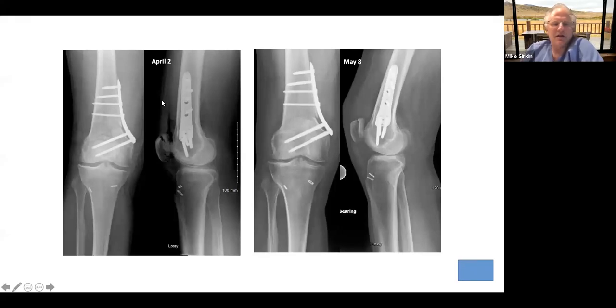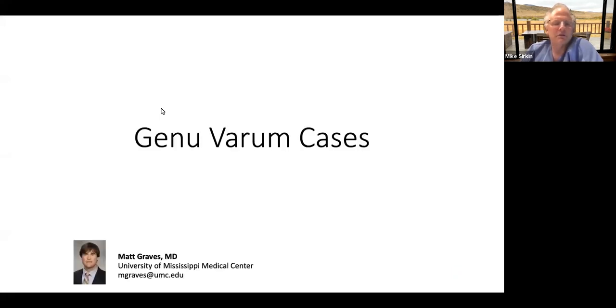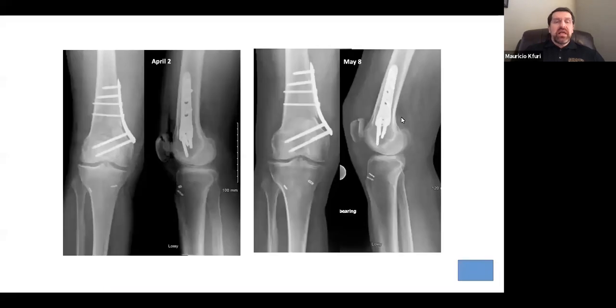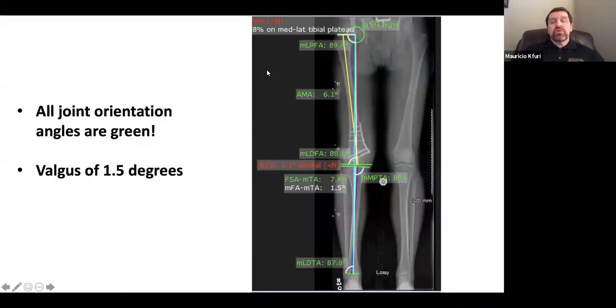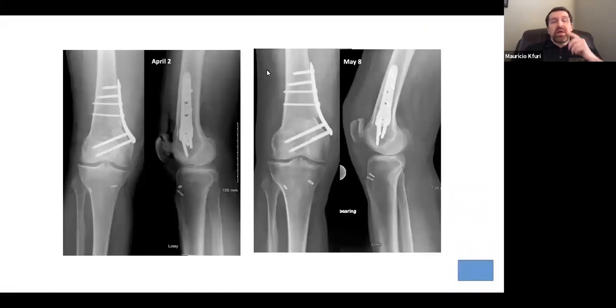So here are our x-rays just a short time later with a nice result. And what I would like to say, if you go back, see how fast the patella starts to heal. If you compare April 2nd to May 8th, you'll see that the fracture line is disappearing and the osteochondral allograft is incorporated.